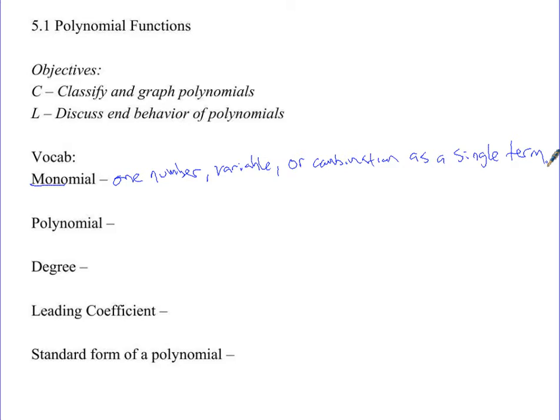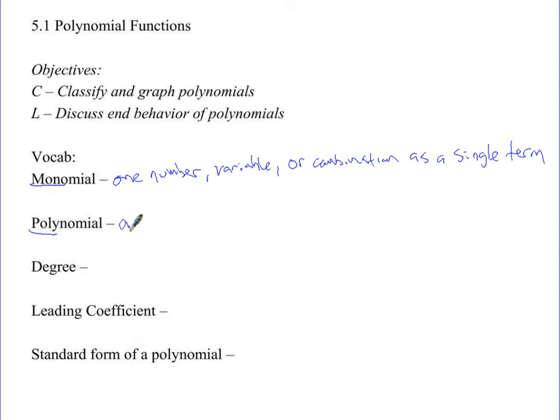So if that's what a monomial is, then what is a polynomial? Multiple. Could be multiple. You were thinking of tri. The prefix poly means many. Okay? So poly means many terms. Doesn't have to have many terms, but it could have many terms.